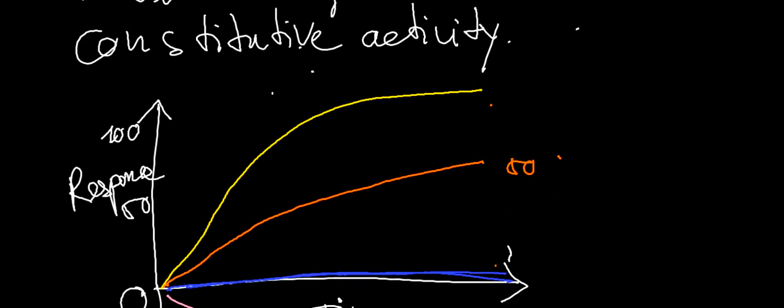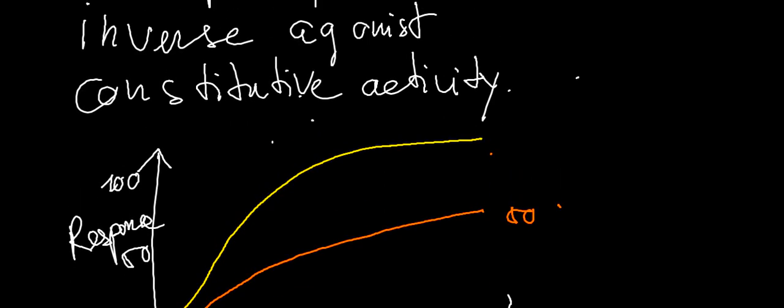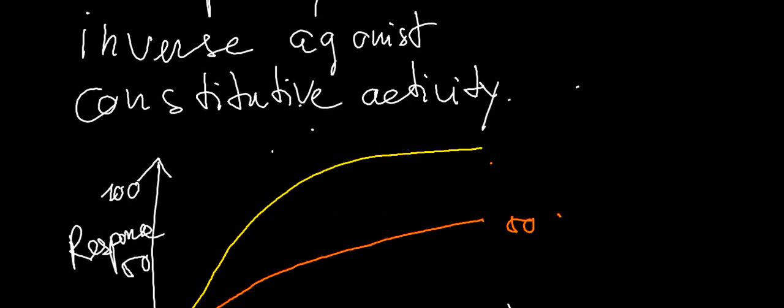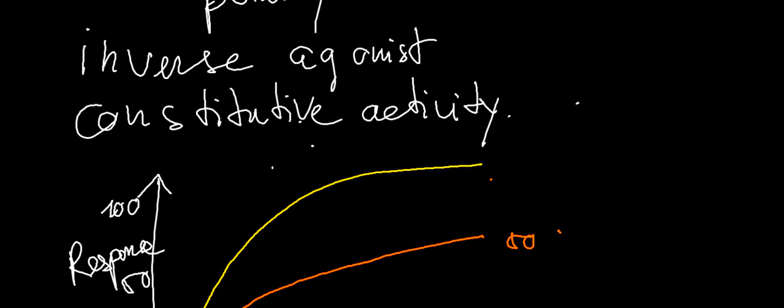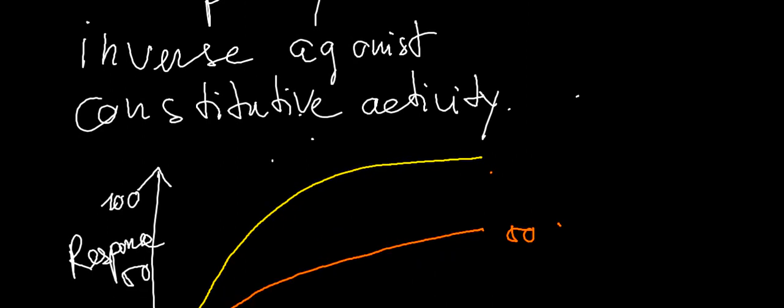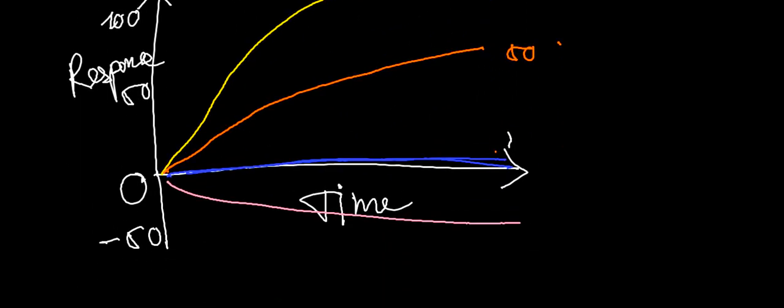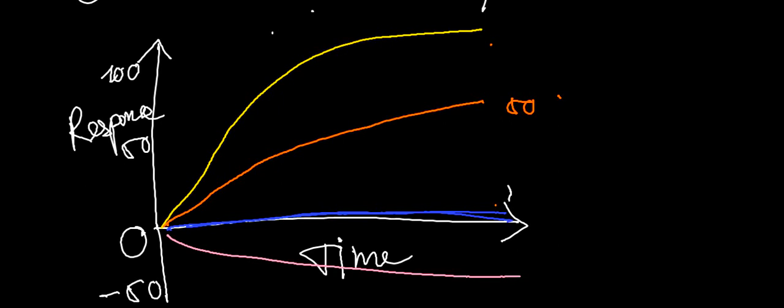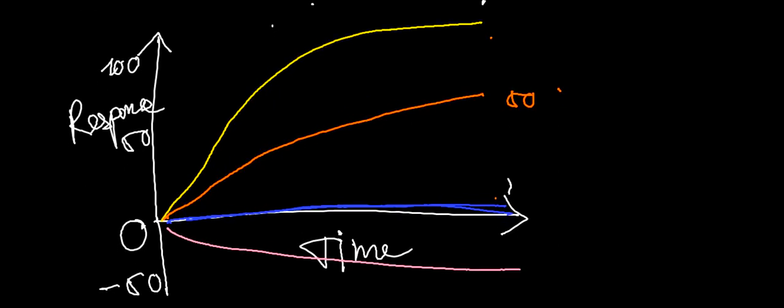When the agonist binds to the receptor, it will cause the opposite effect. But when we have an inverse agonist, they will stabilize the activities, so they are opposite to the agonist. So this is the inverse agonist.